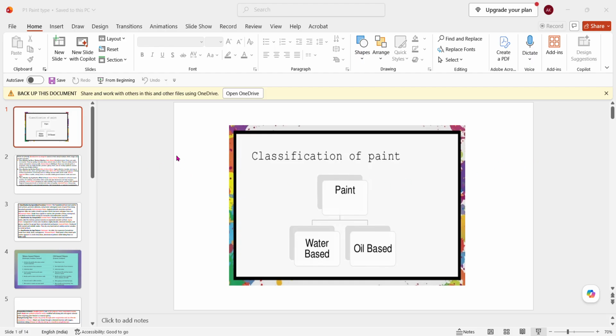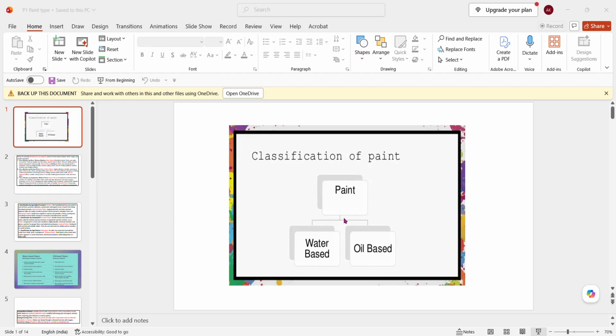So the main difference of the binder is that acrylic is plastic, and alkyd means synthetic polyester resin. Then drying and curing: acrylic is normally water based and water evaporates very easily, so it takes only 1 to 2 hours.